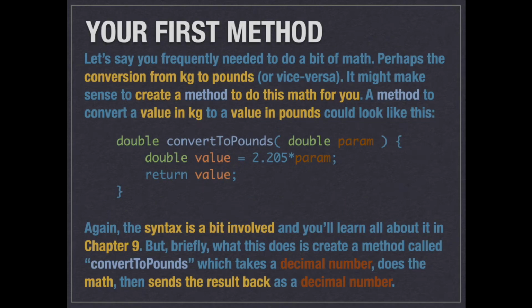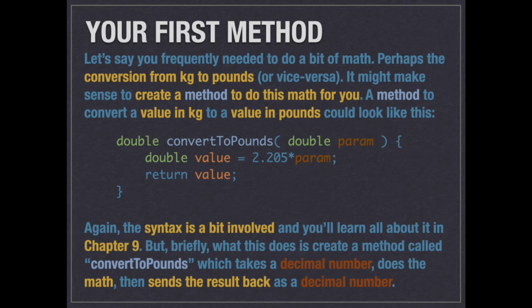So this is pretty much a worthless method. I needed to find something that would fit on one slide, not be overwhelmingly complex, and illustrate the key features of a method. We previously had to do this little bit of math where we were converting from pounds to kilograms. We had to multiply by 2.2. Let's say you just have to do this a lot and you don't like typing the asterisk. Maybe, I'm not sure, but you don't want to do the math. Rather, you want to write a method to do the math for you.